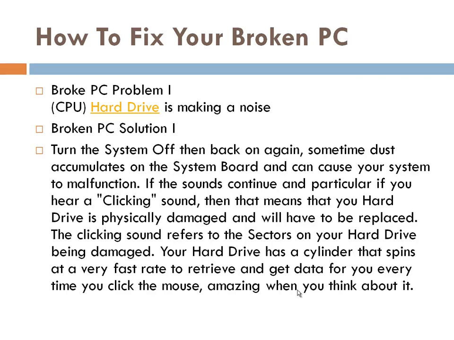The first thing I like to look at is what we call the CPU or hard drive. For most folks, the CPU, we may call it the tower, or you may call it the box. Some people will say it's the drive, some people will say it's the hard drive.